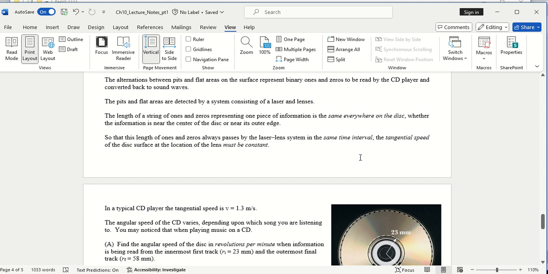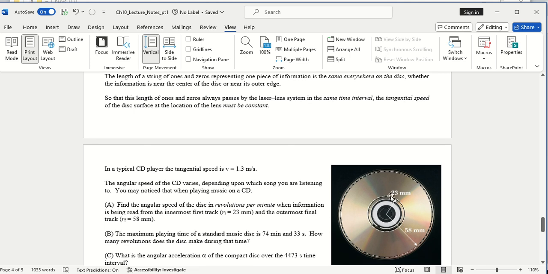So for a CD player to work, the binary information is stored such that one song is stored on the innermost part of the disc. Then as you go outward, it's track 1, track 2, track 3, and you go out to track 8 or 10, however many songs you have.